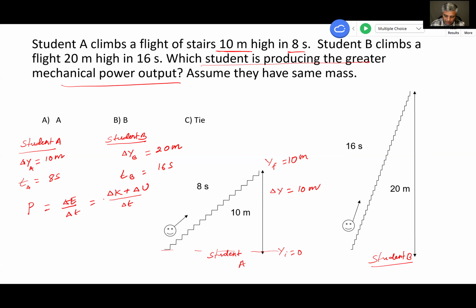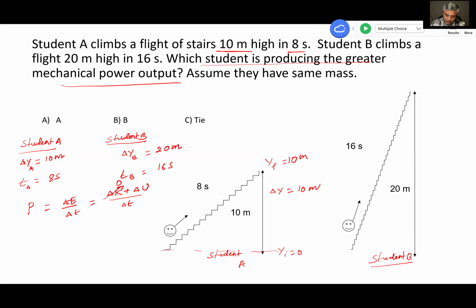In this case, speed information is not there, so we can assume whatever speed a particular student starts with at the bottom, they also end up with the same speed at the top, because that information is not there.